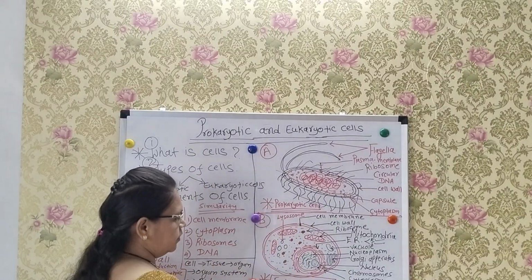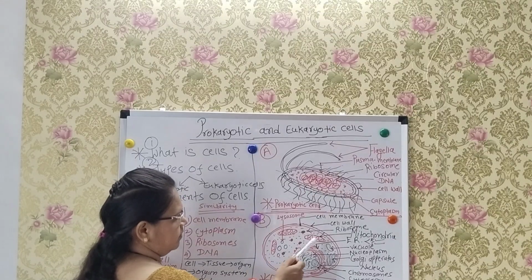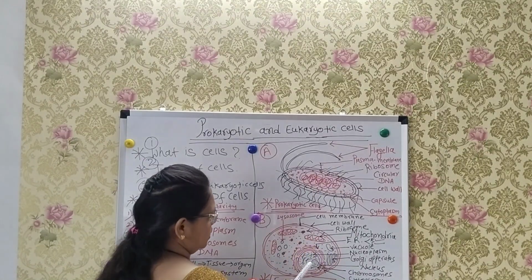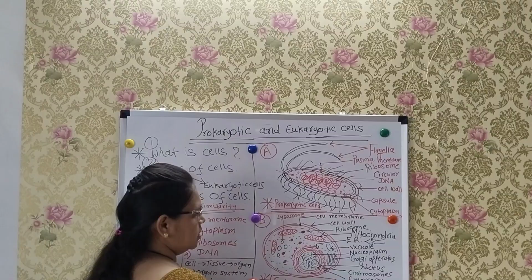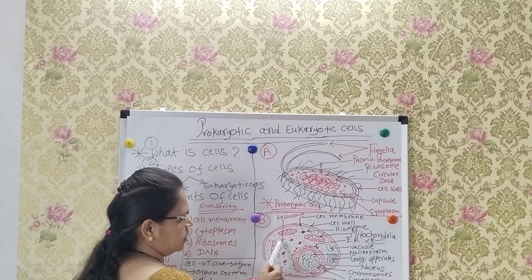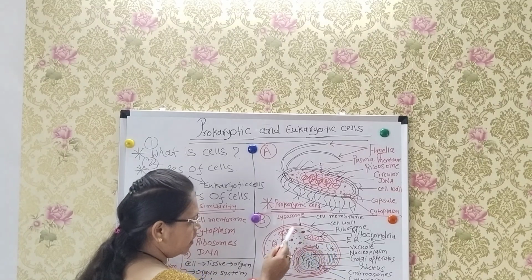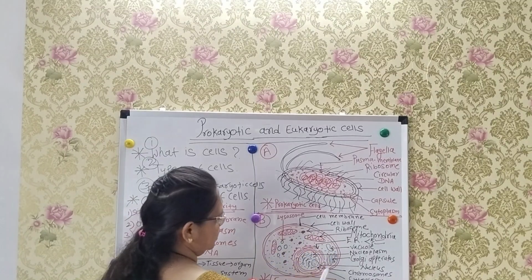Next we see here the eukaryotic cell diagram. Eukaryotic cells are also covered by cell membrane and cell wall. Other organelles are also found in eukaryotic cells like lysosomes, ribosomes, mitochondria, and endoplasmic reticulum.